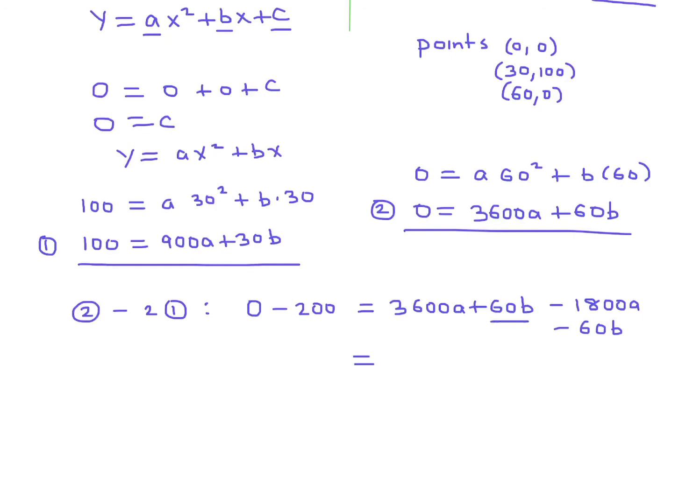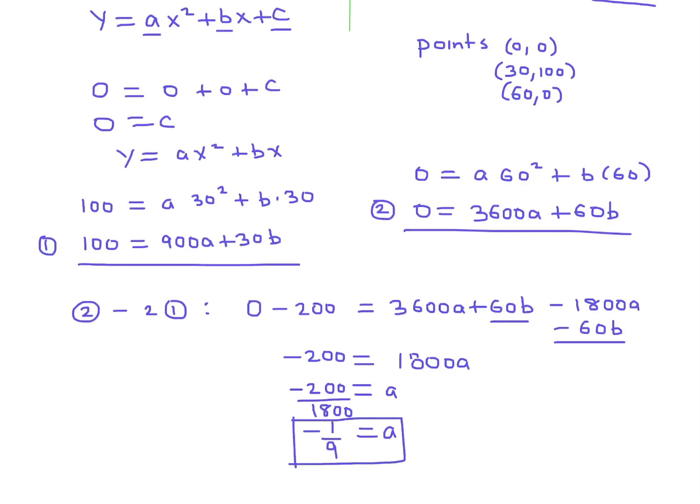And as planned, the 60b's cancel, and this becomes 1800a is equal to minus 200, and therefore a is equal to minus 200 over 1800, and a is therefore negative 1 over 9. Alright, so we got this guy. Now we just need to figure out b.